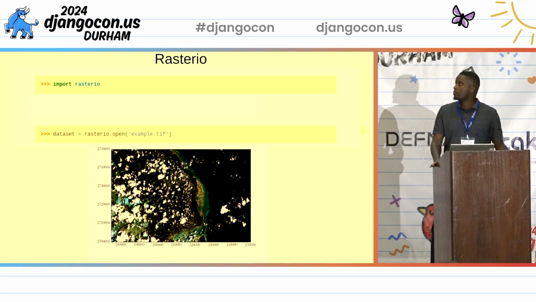Its use case is very simple. You just install it as a package, and then you import it and use it in your application. The example there is rasterio reading a TIFF file and plotting it on the canvas.